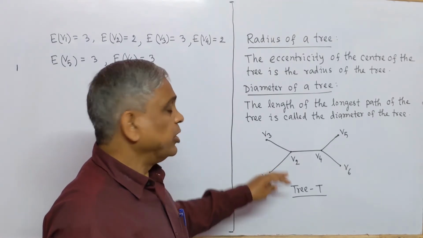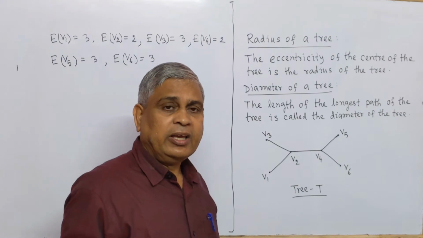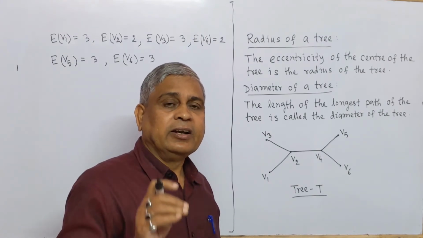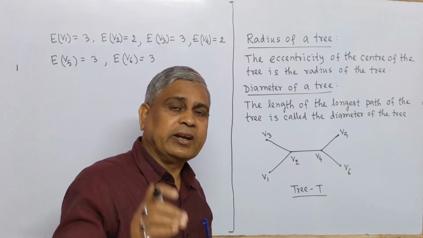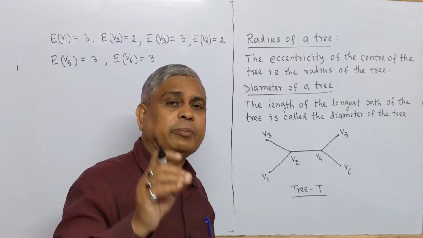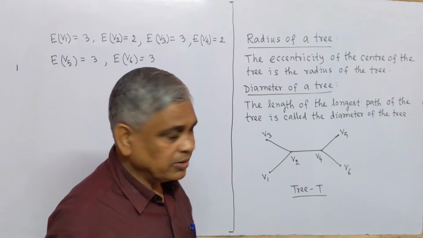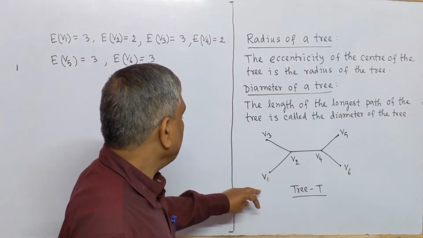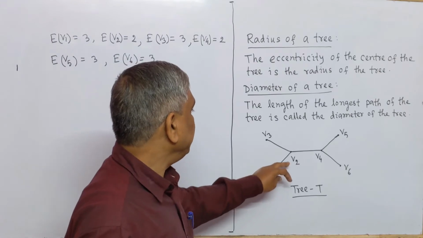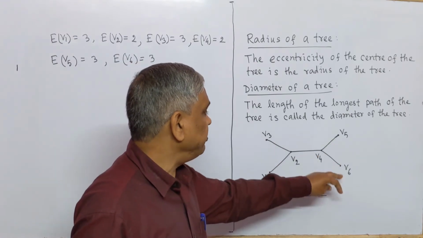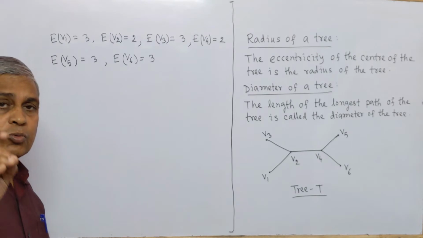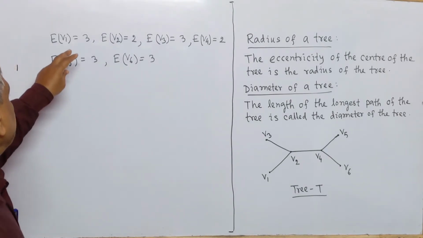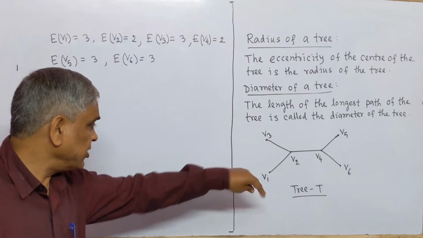Now we give an example in which we shall show that diameter of the tree is not double of the radius of the tree. This is a tree. Here vertices are V1, V2, V3, V4, V5, V6. We have calculated the eccentricity of all vertices.